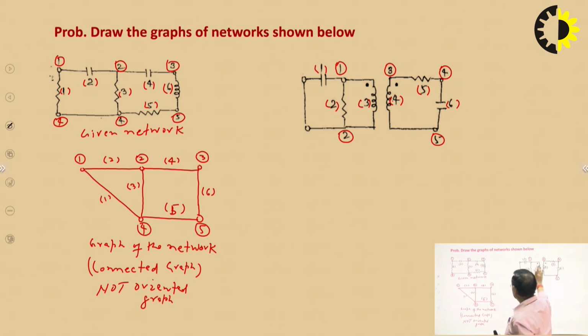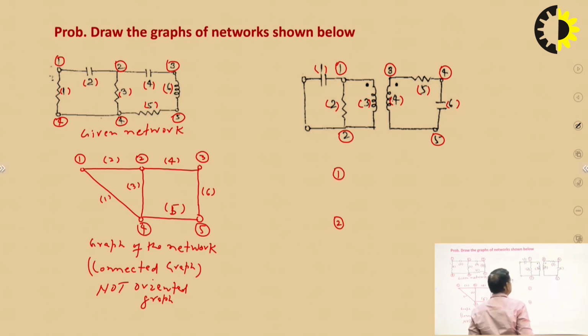So in this network also there are 5 nodes and 6 branches. Draw the graph of the network. We can mark here: this is your 1, this is your 2, and we can mark 3.